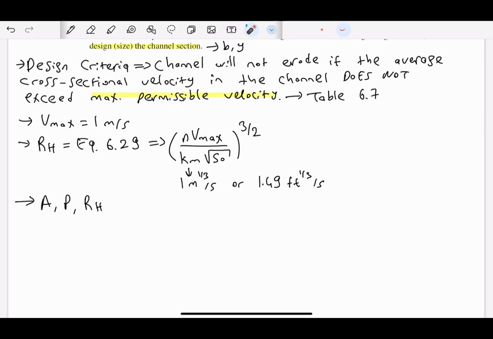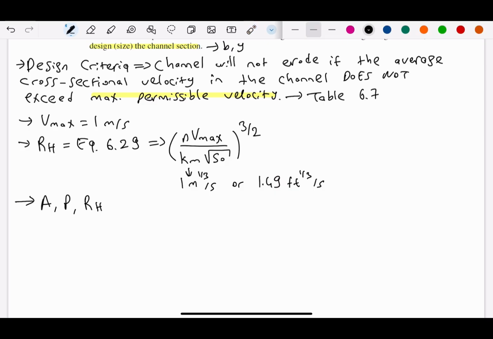And to find all of these, we need to start from hydraulic radius, because there is a certain equation for that. And since we know all of these values, we can calculate hydraulic radius. Then we can find perimeters, then other size related values.